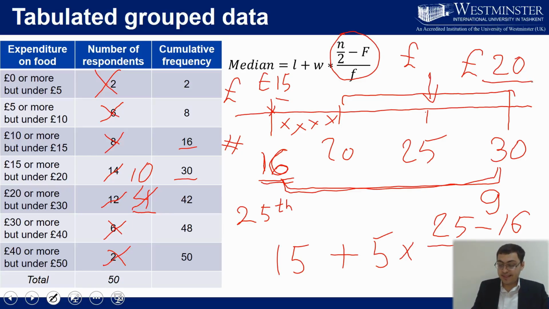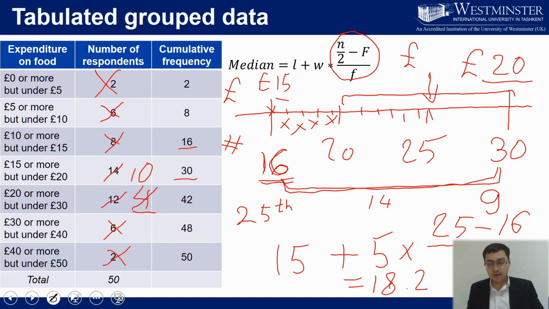It's actually a little bit less. In this case I have to go 9 steps out of a total of 14 steps here to get to my median number. As a result, this is going to be 9 over 14, and at the end this is going to equal 18.2.